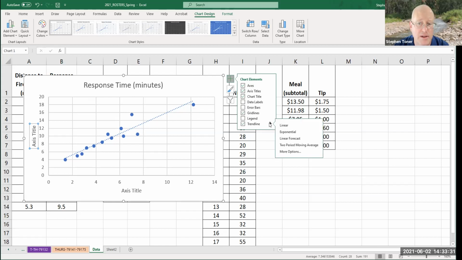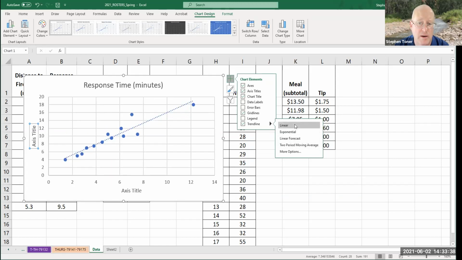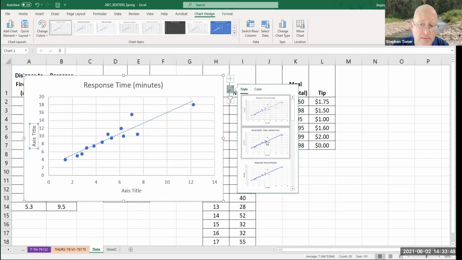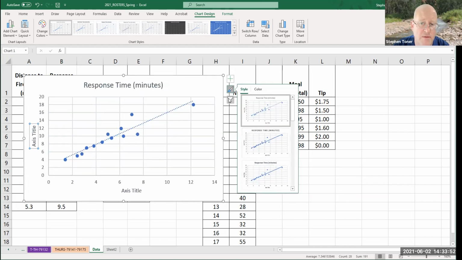Now I can click on this arrow and say, hey, I want linear regression or exponential regression, etc. I'm going to stick with linear regression there. And I'm going to now move on to some of the other options it may give me. So let's go over to this next button. That one just changed the look a little bit for me. I don't know if those are of interest.